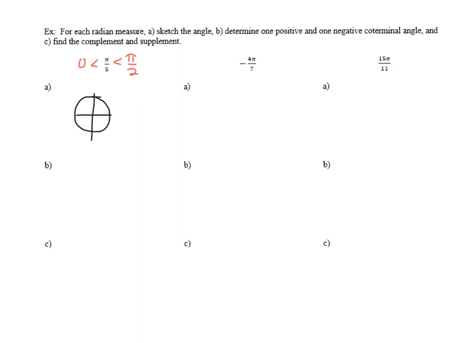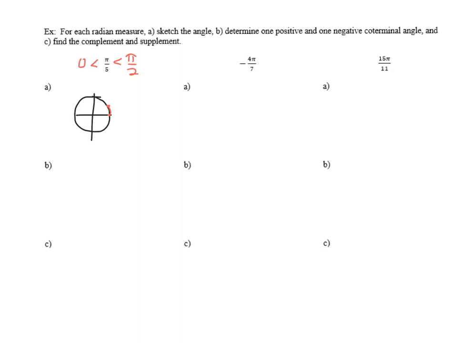So I'm just going to draw a real basic sketch here. I know that my radian measure would start at 0 on the side, but it's going to rotate up on that circle in a counterclockwise direction. Now 1/5 is quite a bit smaller than 1/2. That means we're only going to go up on that circle a small distance. That length would be pi over 5 radians, and it's just an approximation.